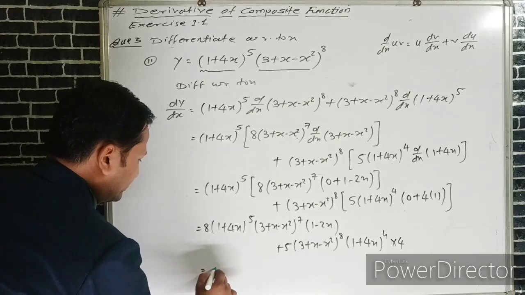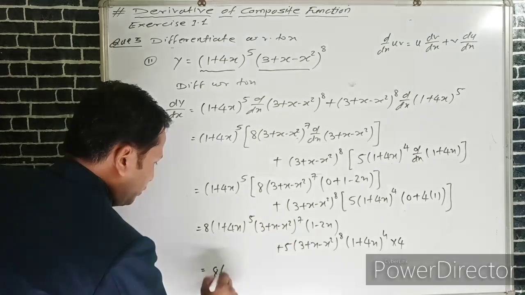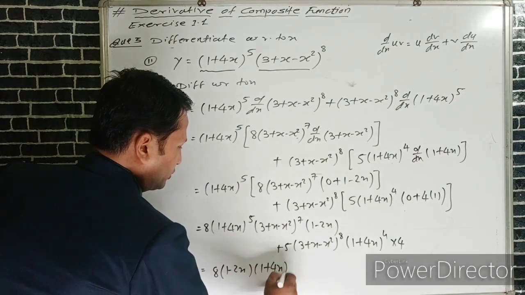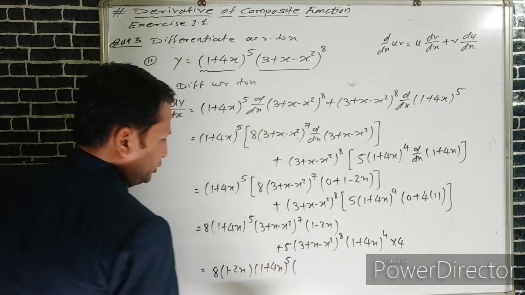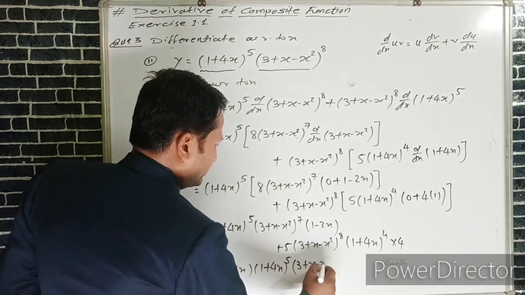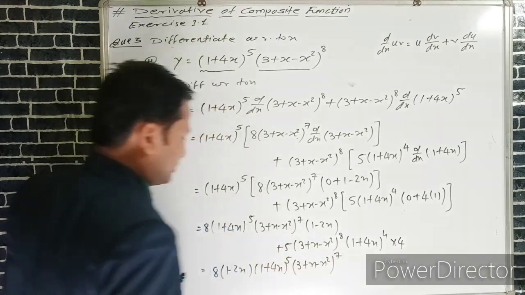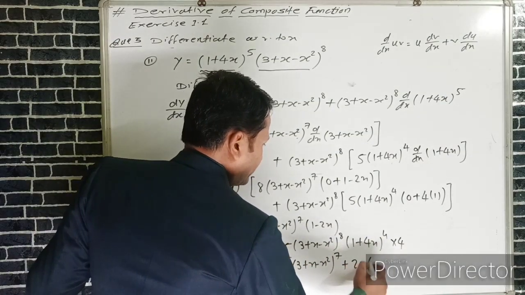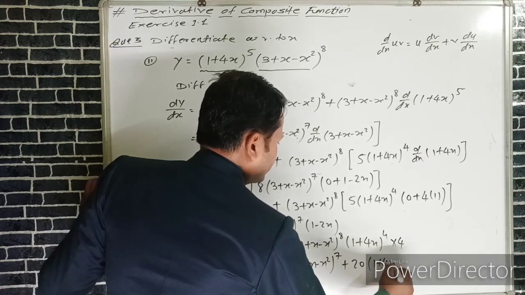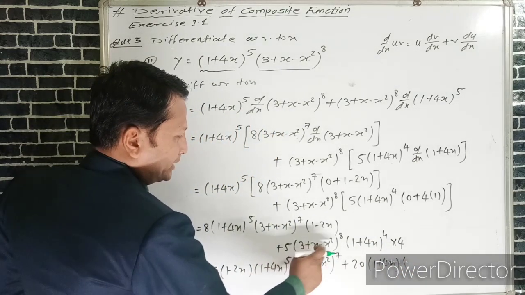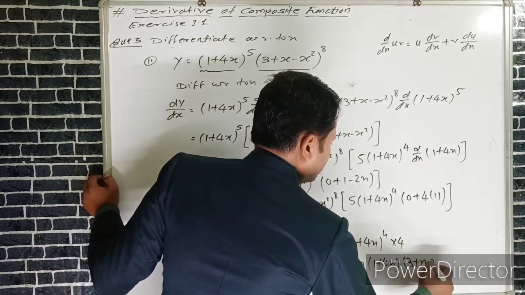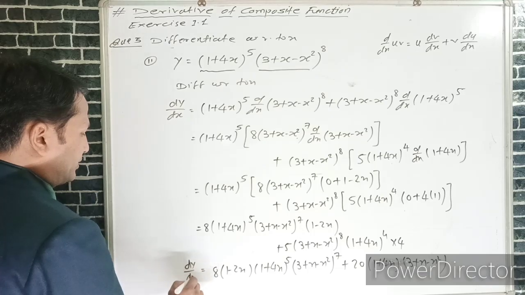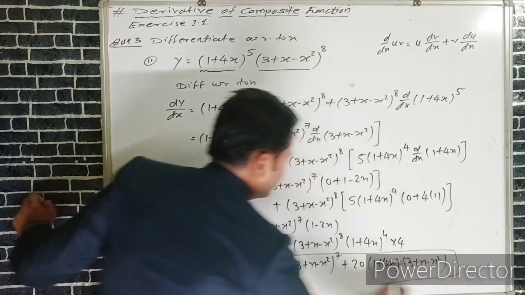Hence we can write it: 8 into (1 − 2x) into (1 + 4x) whole raised to the power 5 into (3 + x − x²) whole raised to the power 7, plus 5 into 4 is 20 into (1 + 4x)⁴ into (3 + x − x²)⁸, which is the required derivative of y, dy upon dx.